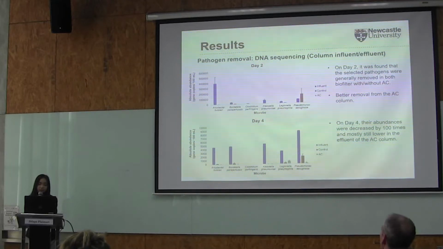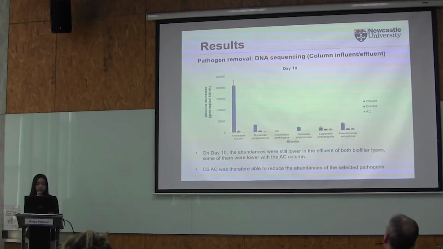As evident in the figures, from day 2 results, it was found that the selected pathogens were generally removed in both biofilters with and without AC, with better removal from the AC column. On day 4, the abundances decreased by 100 times, and were mostly still lower in the effluent of the AC column.